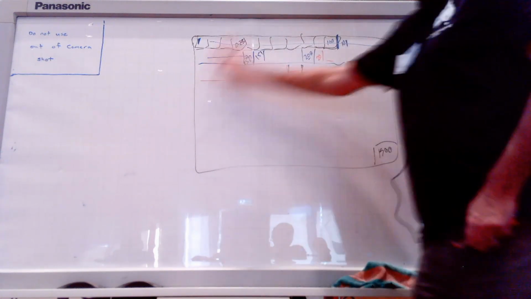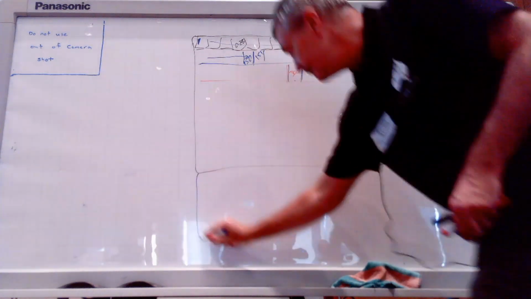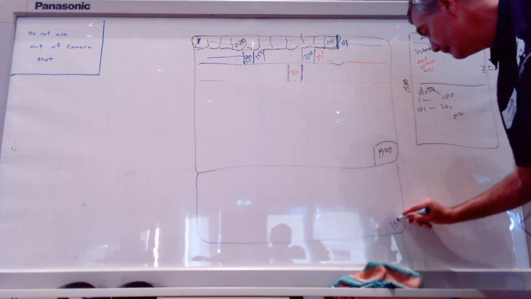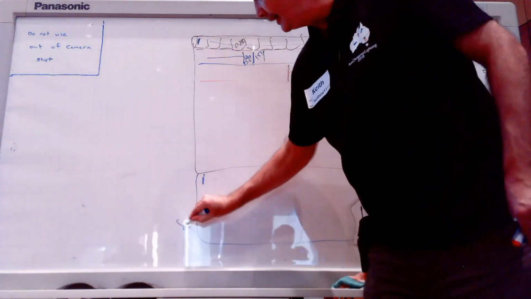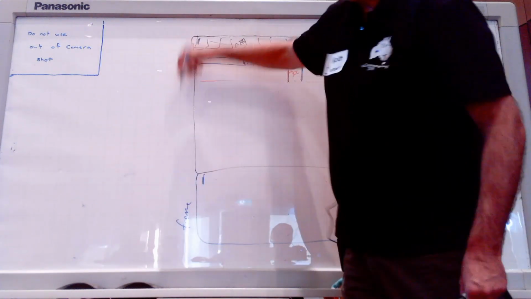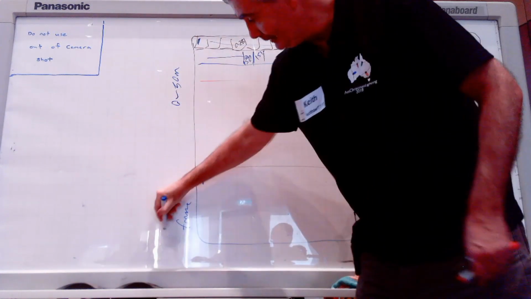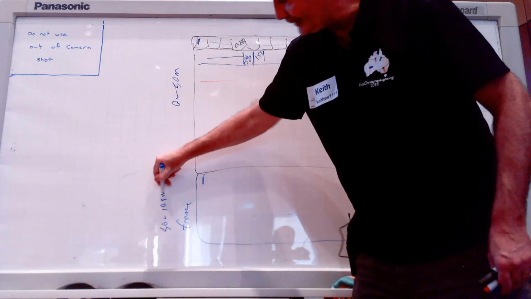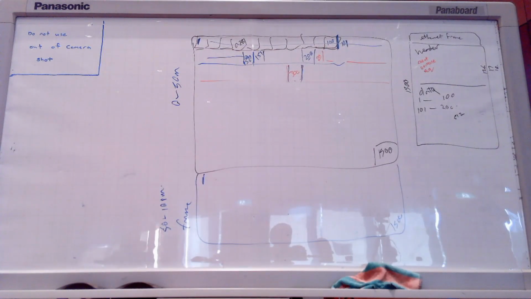So I've drawn a buffer here with 1,500 channels. In reality, xLights, immediately after that buffer, has another 1,500 channels starting at channel 1. This is frame 2. This is from 0 to 50 milliseconds. We're doing 20 frames a second. This is the 50 to 100 milliseconds frame. And it's got a whole new buffer to write the data into.